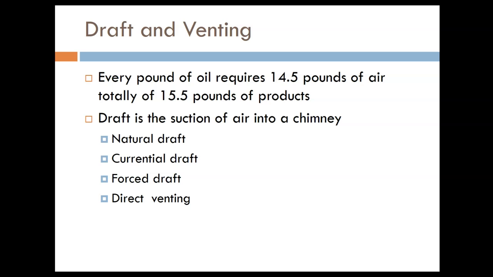I did talk about sealed and open connections and venting. Open connection is when you take the air from the location where the boiler is installed. Sealed connection is when you have the boiler pull air from the outside and vent to the outside, which I prefer much more than the open connection.